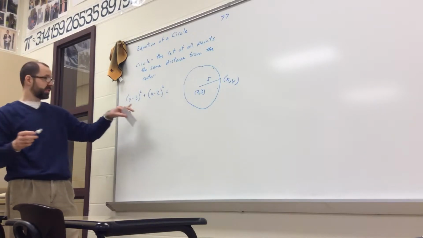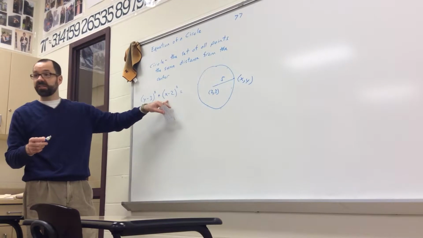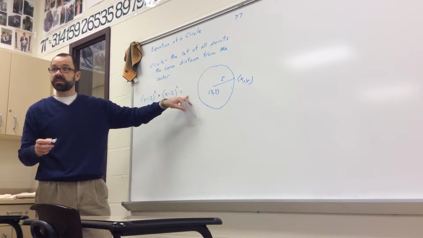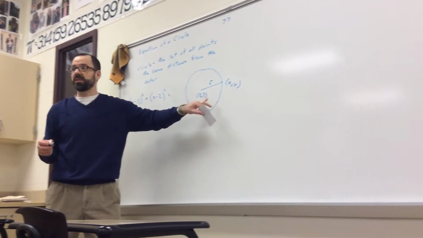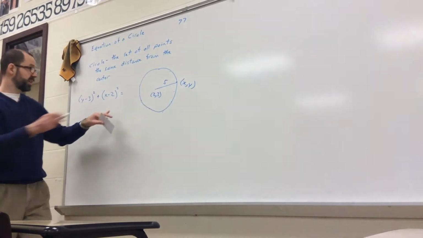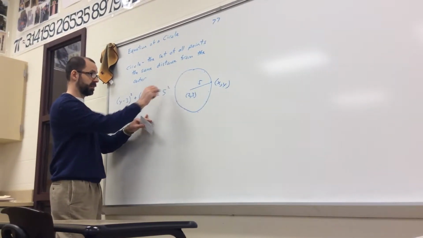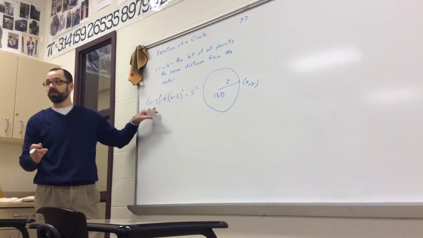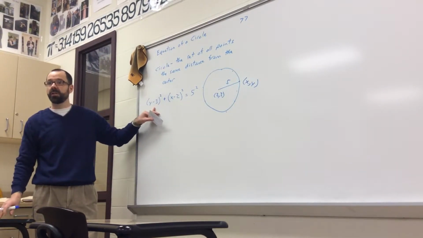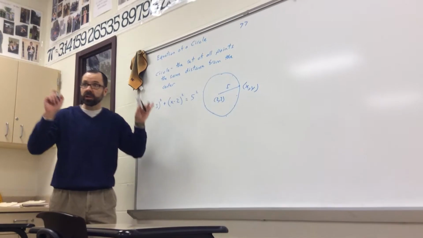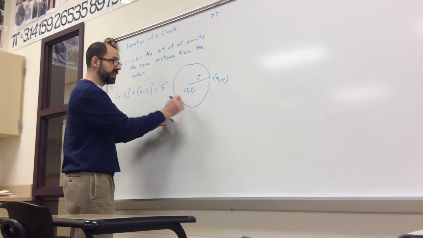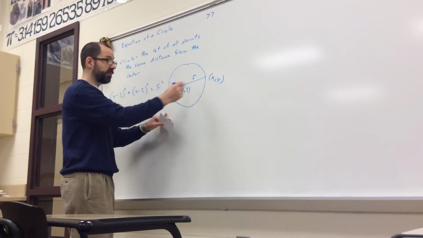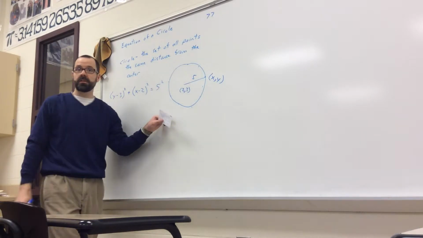When you're doing distance formula, you subtract the y's and square it, subtract the x's and square it, and that equals the distance squared. So what is the distance on this one? 5, so it should equal 5 squared. Okay, so this is a formula or an equation that would work for all of these dots, because all of these dots are 5 away from that, right?